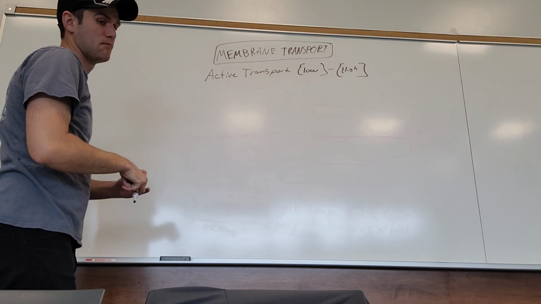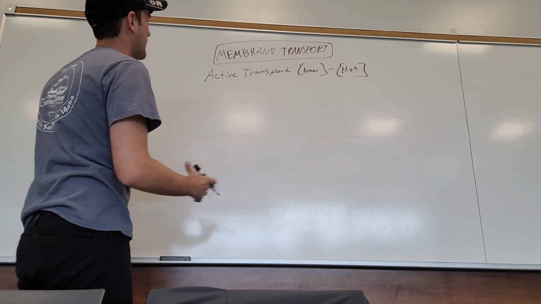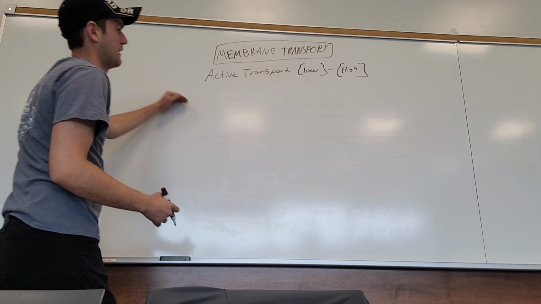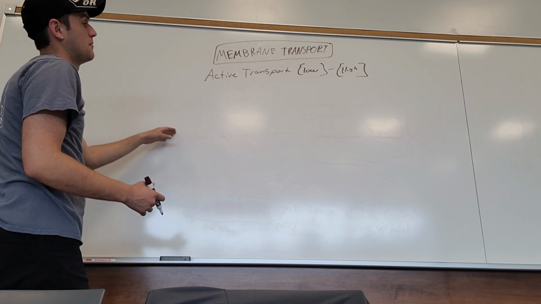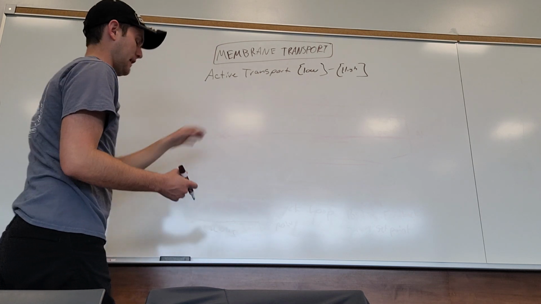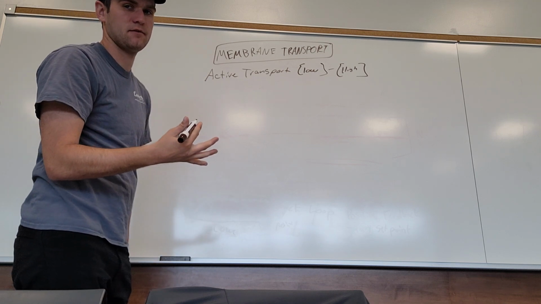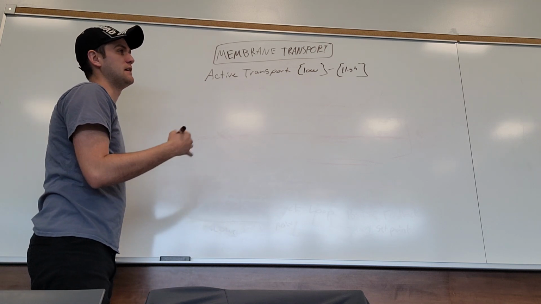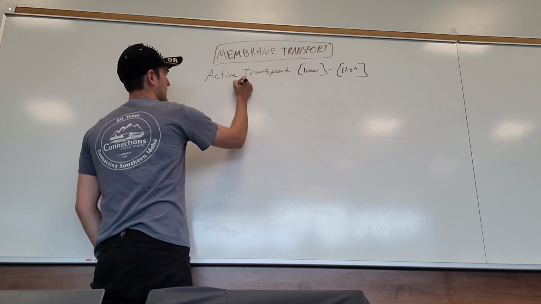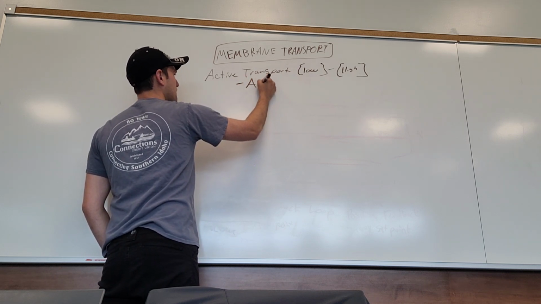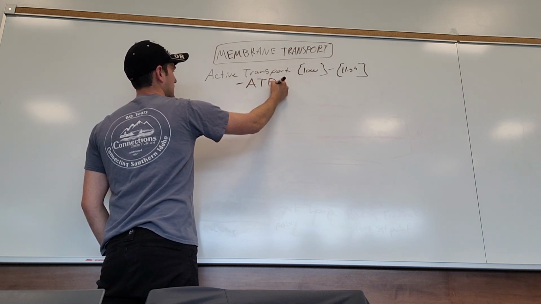What we would need is more than kinetic energy, because our kinetic energy is just what moved the water from high to low. We're going to need a little more than that to move from low to high. So with active transport, always, we're going to need some sort of energy source. And usually that energy source is ATP.